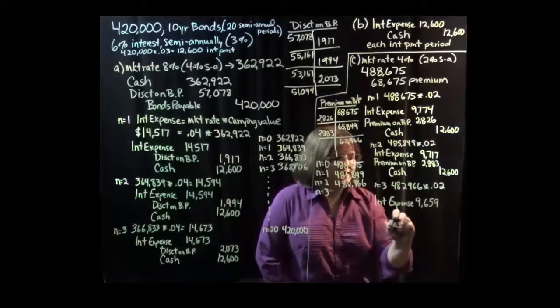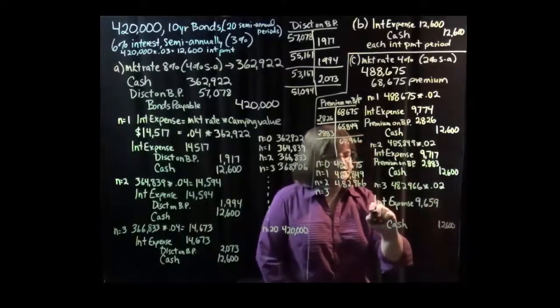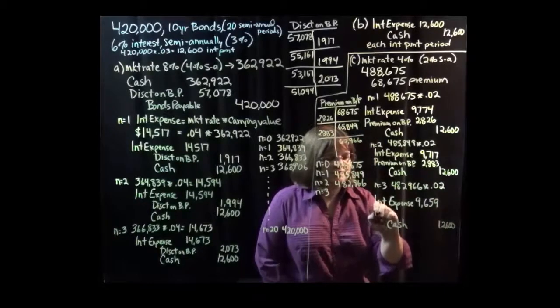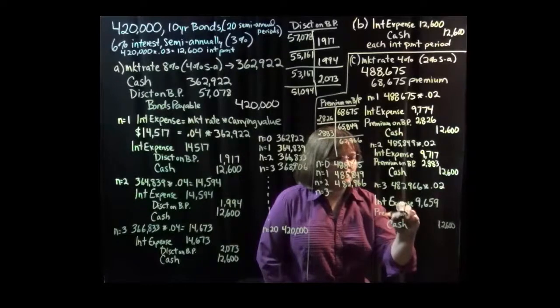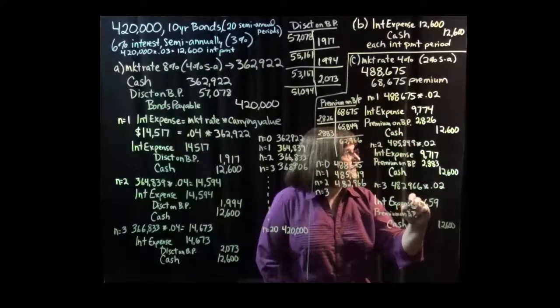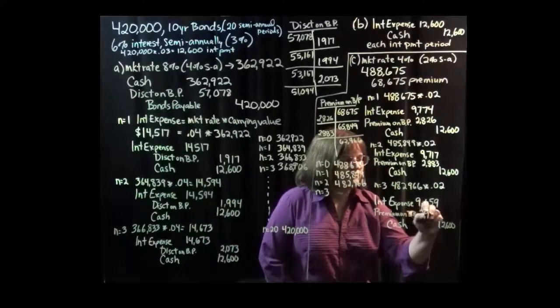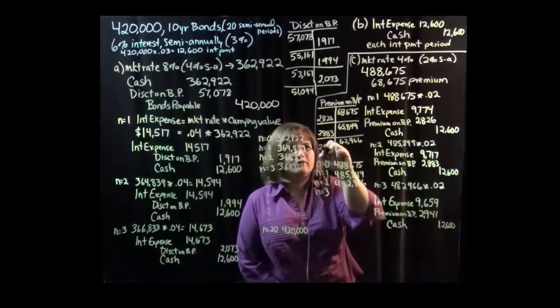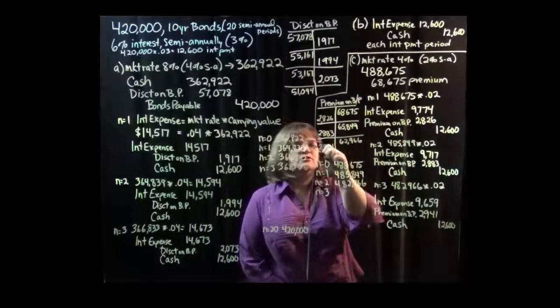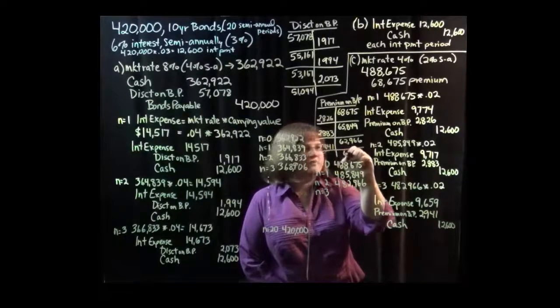We have to pay the cash of $12,600. The difference is going to be debited to that premium account, and that amount is $2,941.